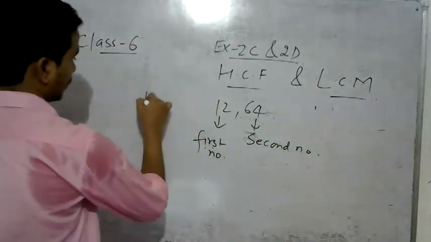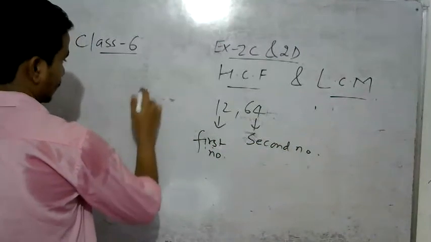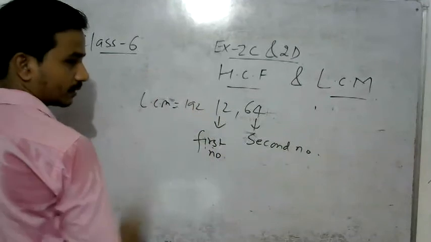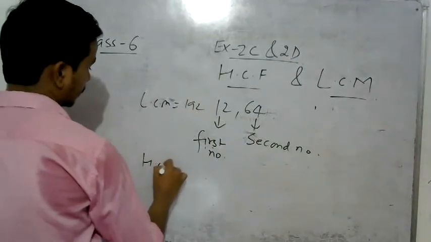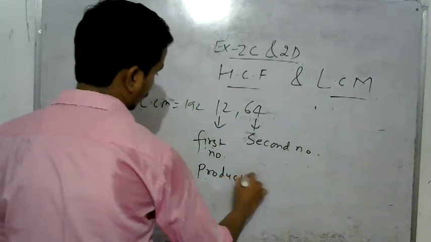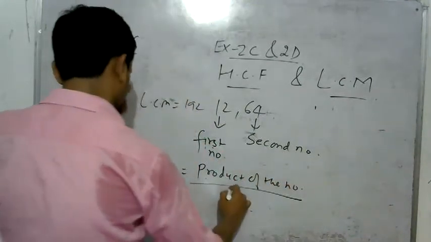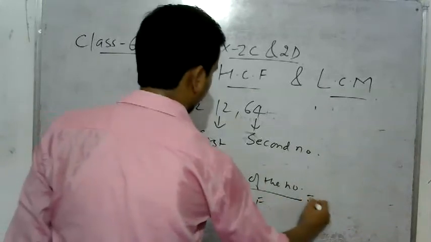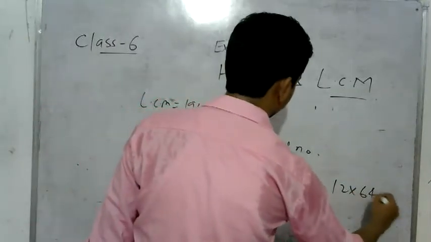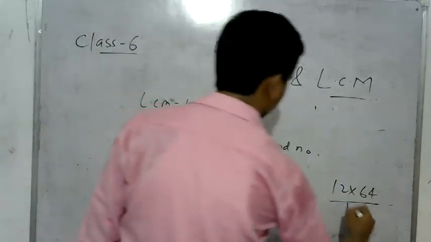And suppose LCM is given. LCM is equal to 192, which we have previously calculated. So what is the HCF? HCF will be equal to the product of the numbers divided by LCM, that is, first number into second number, which is 12 into 64 divided by LCM, which is 192.